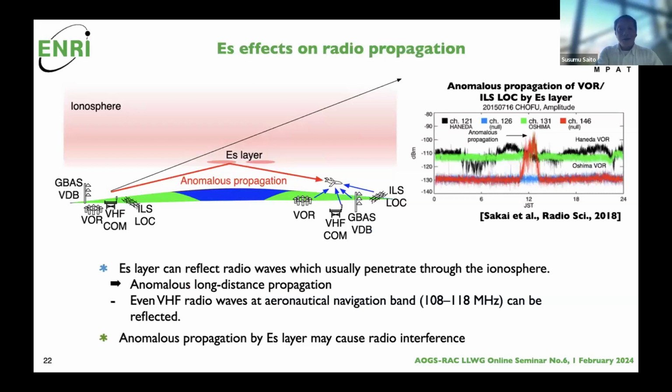Sporadic E is important for radio propagation. My institute is studying the air navigation system. We are interested in the anomalous propagation, the interference effects due to the anomalous propagation by sporadic E layer.